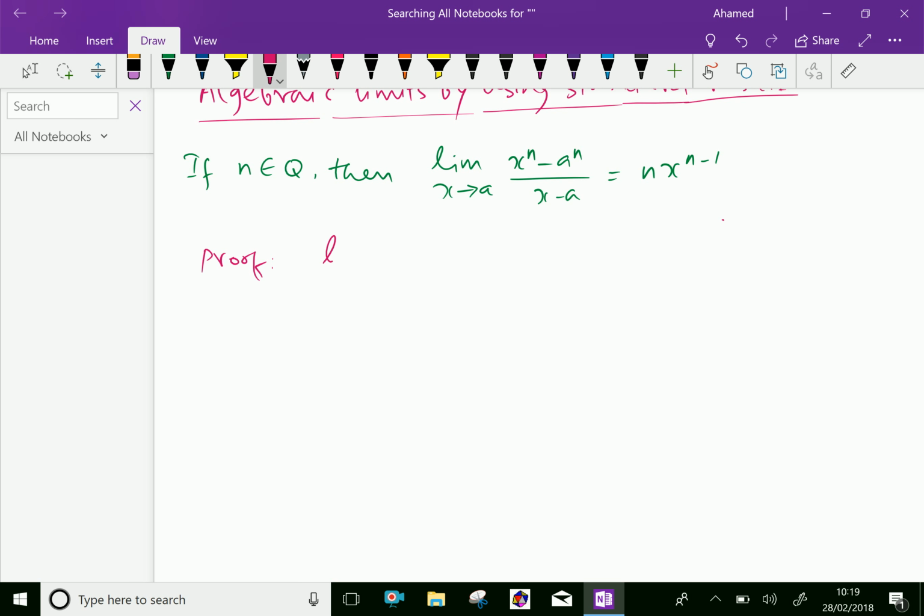We'll write the limit as x tends to a of (x^n minus a^n) over (x minus a).